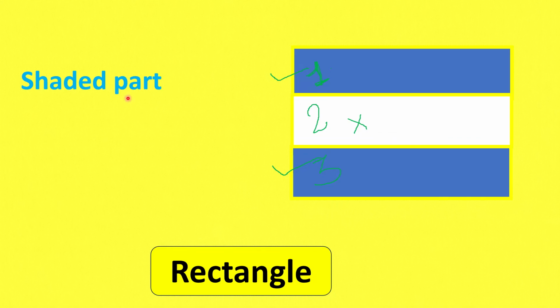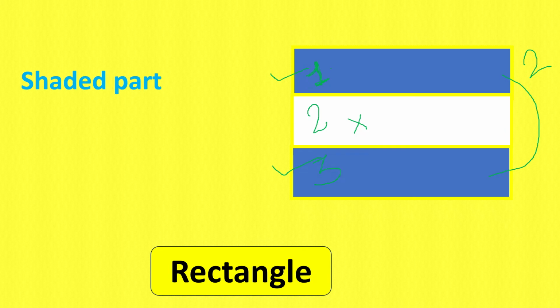How many colored parts are here? It's the first part and the third part. It's two parts colored here. And one part is uncolored.